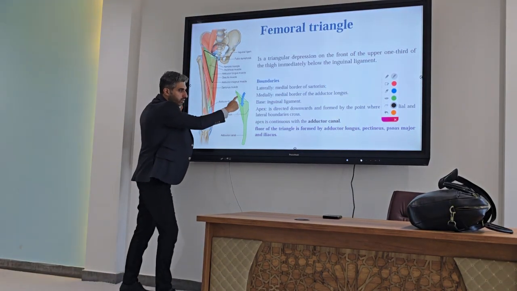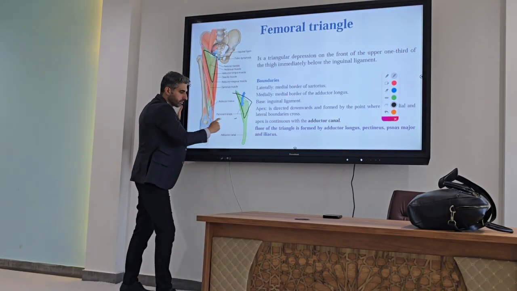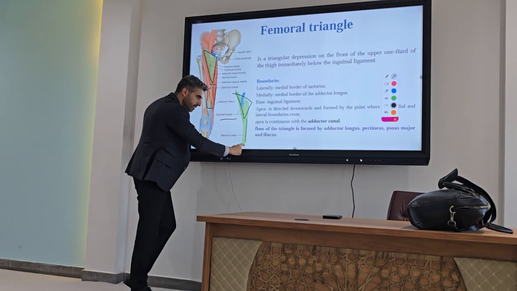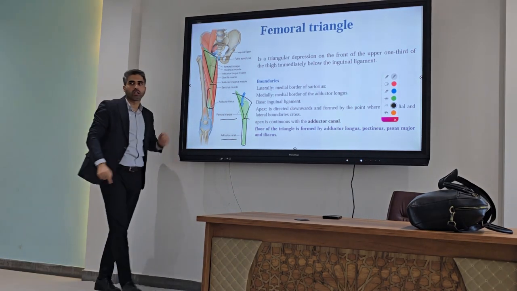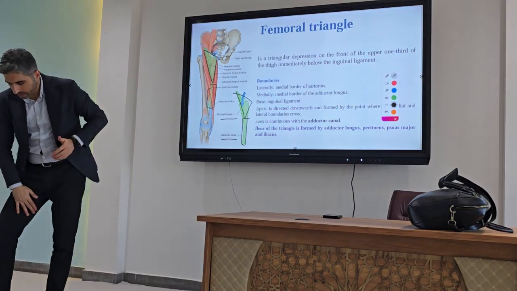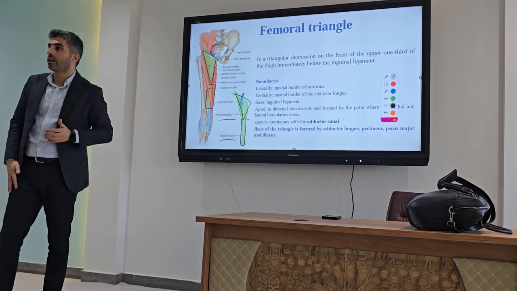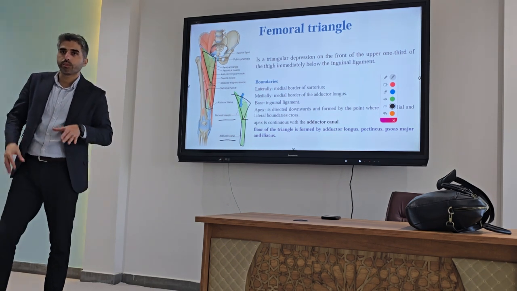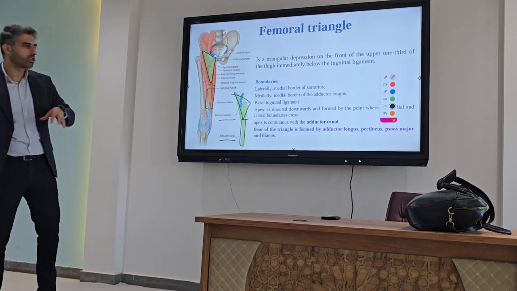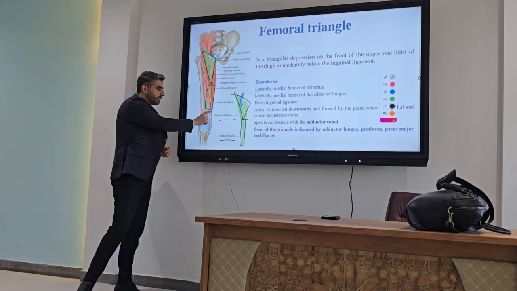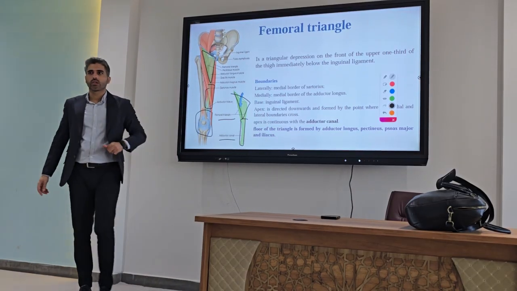In the middle 1/3, the name of the canal is adductor canal. The muscles in the medial side of the thigh are adductor muscles because they can do adduction. Between these muscles, we have one canal, and we say adductor canal.